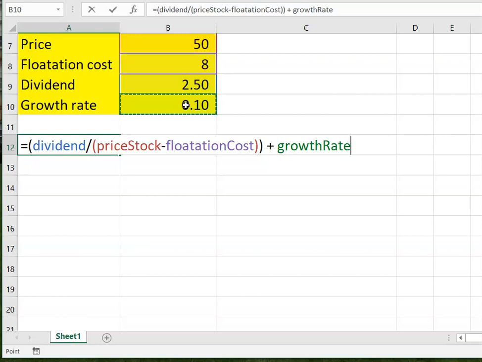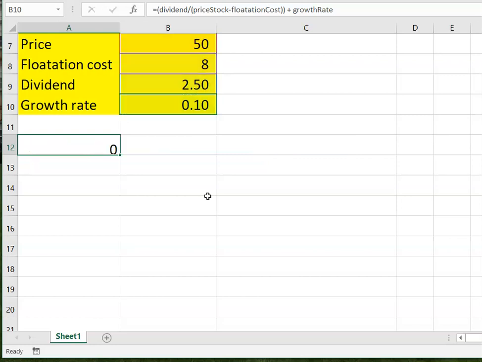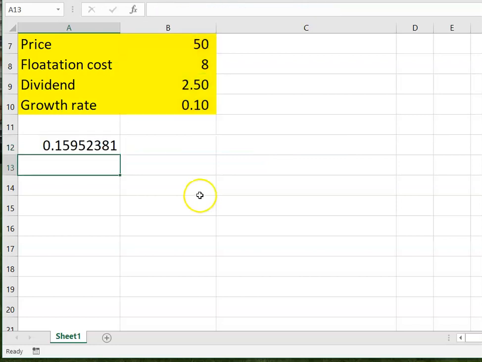That's the formula. Now, you might see the flotation cost as a percent. So you take the stock price times 1 minus the percent that the investment banker would take. But let's take a look what we get. Our cost of capital here is 15.9%.